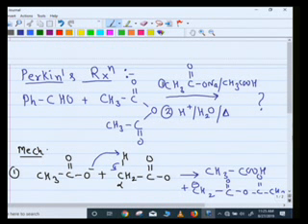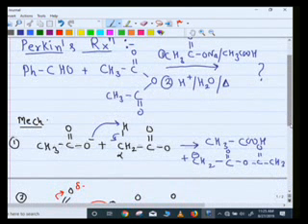Step number 1 for Itanagar. Note it down quickly. Done, Itanagar? Okay.